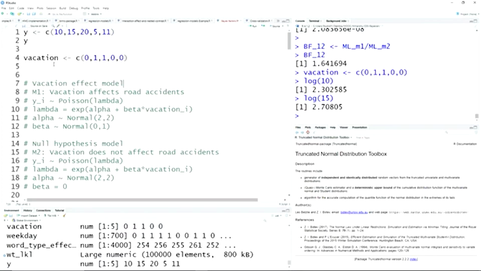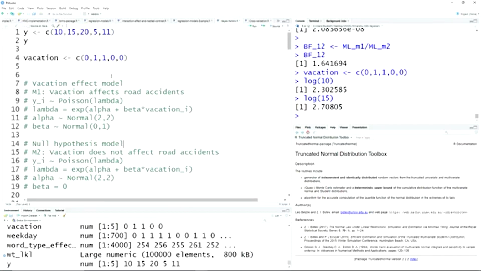Now, you can compute the Bayes factor by calculating the marginal likelihood of model 1 and the marginal likelihood of model 2 and taking their ratio. That would give you the Bayes factor for model 1, and that value gives you the amount of evidence for the vacation effect compared to the null hypothesis. That is how we can test a hypothesis of interest using Bayes factors.